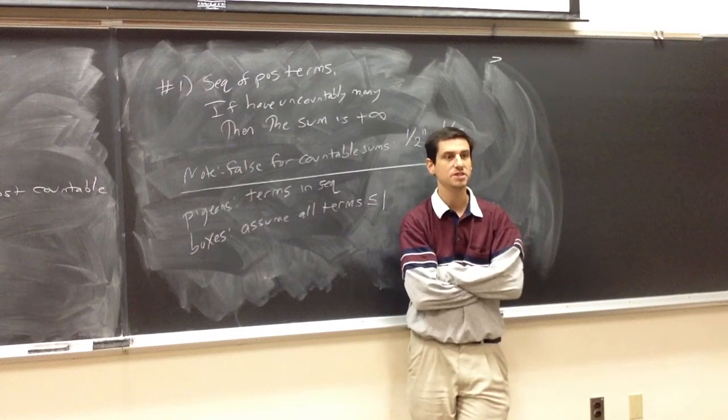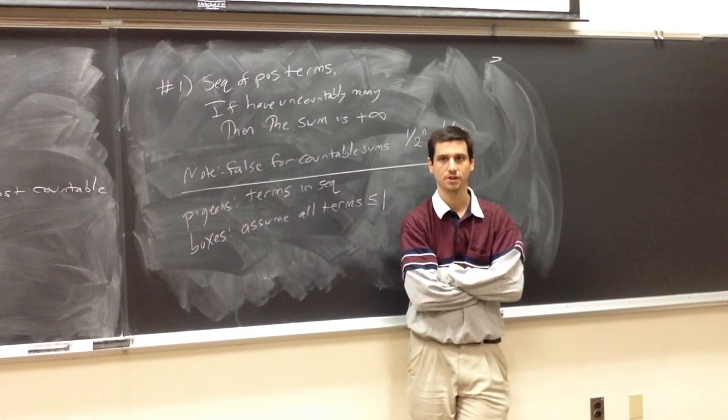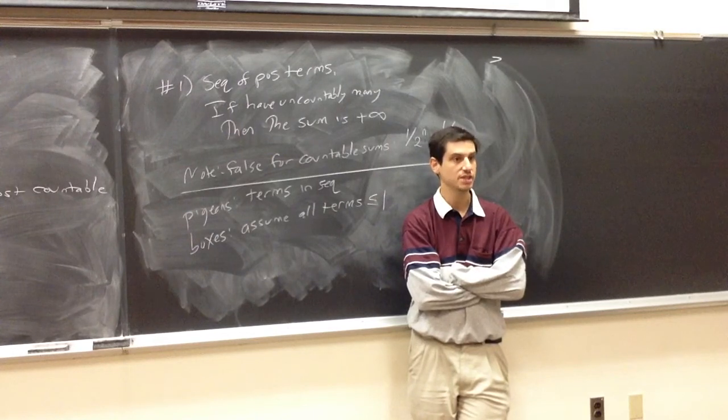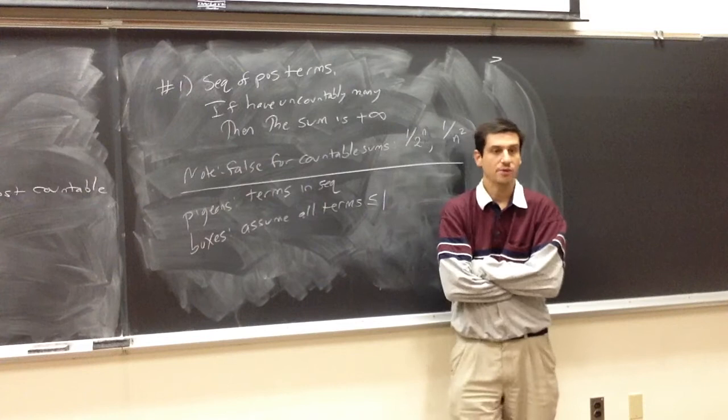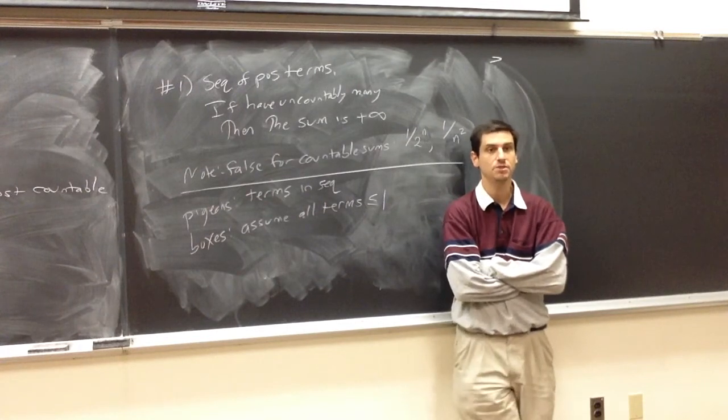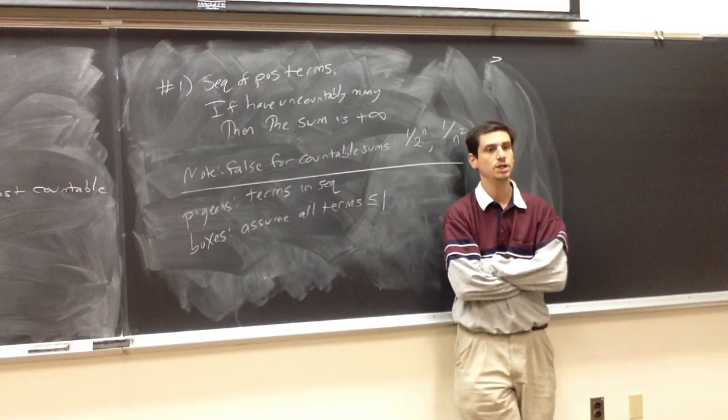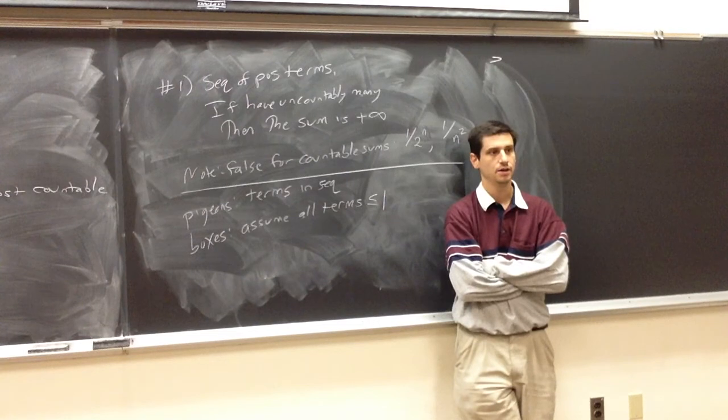One of the boxes must contain uncountably many pigeons. Otherwise, because countable cross countable is countable, every box having countably many would just mean I have countably many numbers total. I have uncountably many. So any collection of countably many boxes will imply that one box has uncountably many objects.